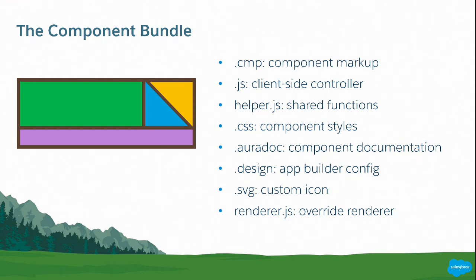Usually this is where you put any kind of retrieval of data, right? And then CSS for your own styling. Again, if you use our base components, they already come with all of the SLDS styles built in. You don't have to redo that. But of course, you're going to want your own custom styles at times, and so that's where you would put it.